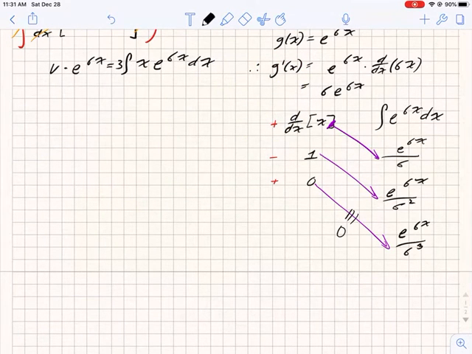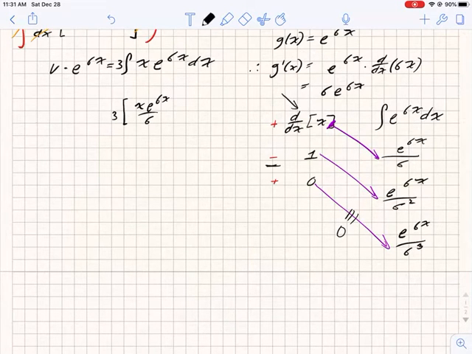Doing the tabular method on the other side, notice that when we did the tabular method, we neglected the 3. So this 3 remains. This 3 stays, and it's going to be multiplied by x e to the 6x over 6, and that's a positive.